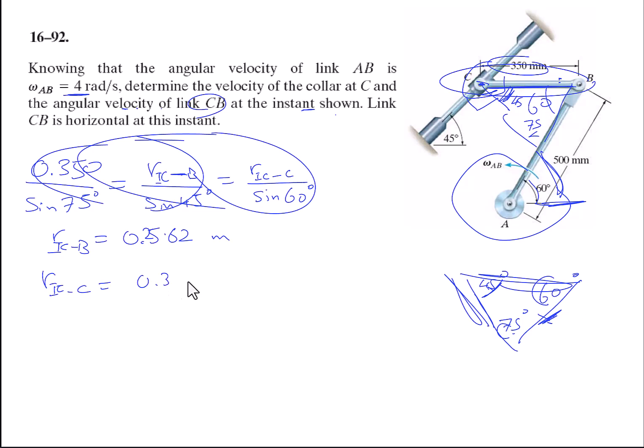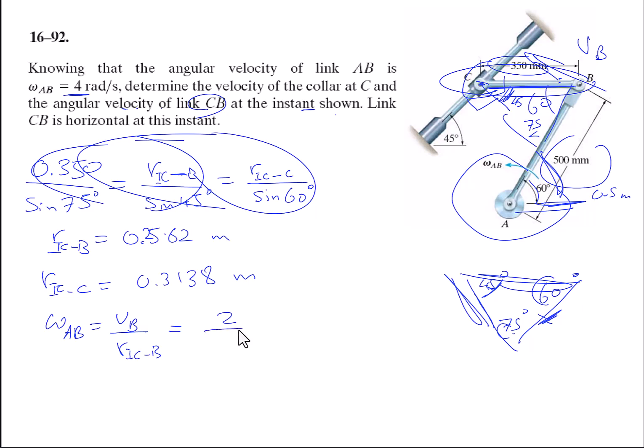This is 0.3138 meters. So omega AB is nothing but the velocity of B divided by R. I see the instantaneous center of zero velocity with respect to B. So this is half a meter, 0.5 meter, and this is VB, divided by 0.2562.